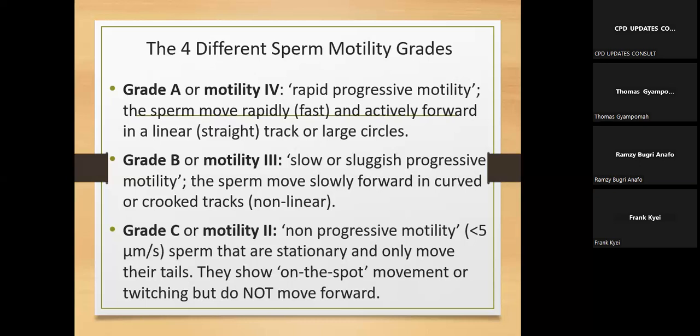I'm saying that this is where the challenge comes when the specimen is already being examined at lower temperature. When it's at lower temperature, if you don't take care, all the grade A and B will be grouped as group B. The A and B will be put together as B. Okay, and that could also reduce the motility report.